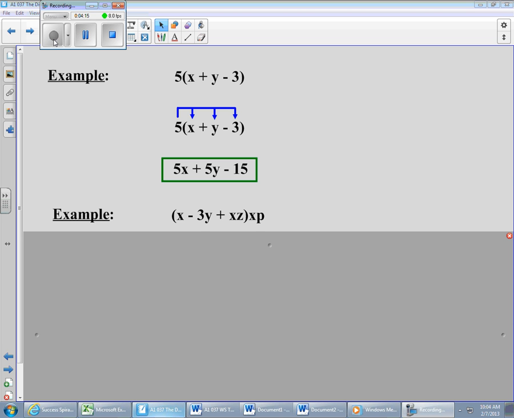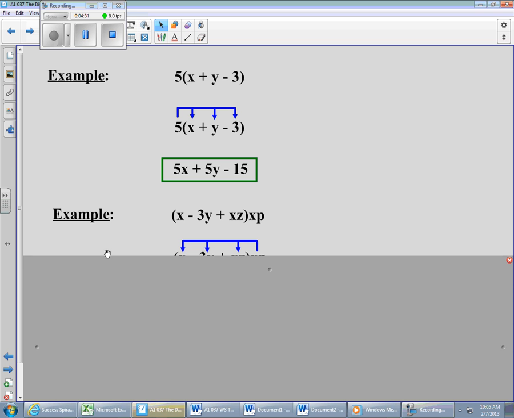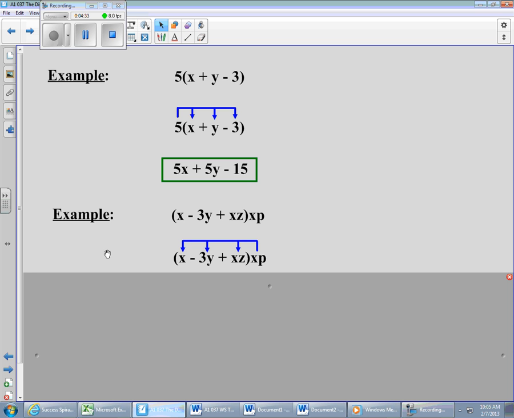If they want to put a term like this xp out on the right side, that's not typically the way it's written, but is it not still a value that's trying to multiply by an entire set of parentheses? Whether they put it on the left or on the right, it's still just a value trying to multiply times the set of parentheses. Again, you don't normally see it that way, but I'm just trying to make a point. It doesn't matter where it is. It matters what it's trying to do. If it's trying to multiply times the parentheses, then it's going to have to distribute into the parentheses.